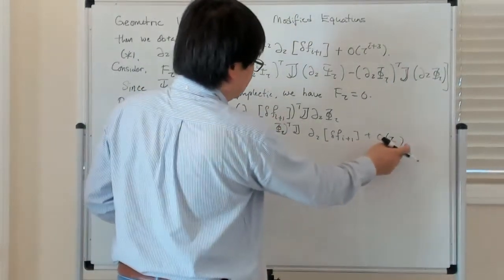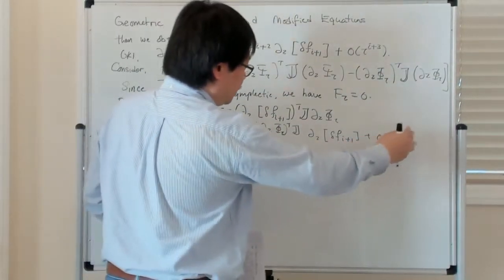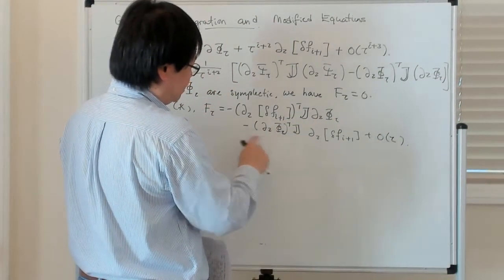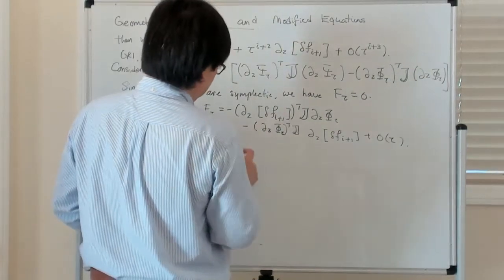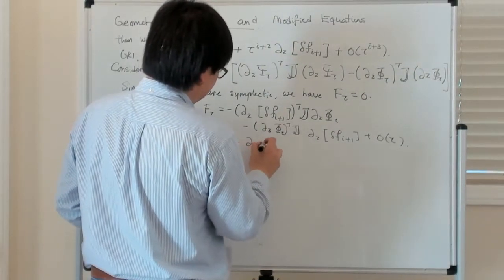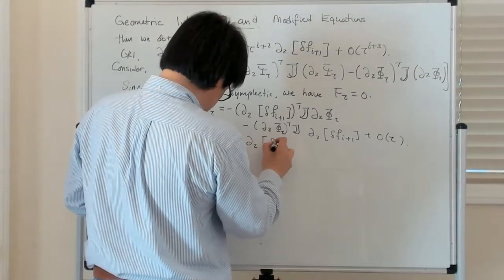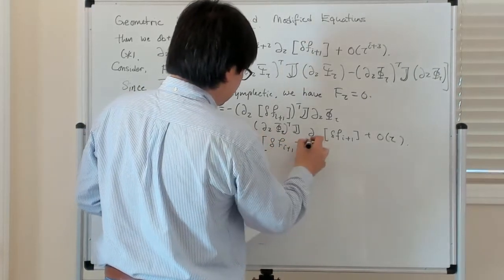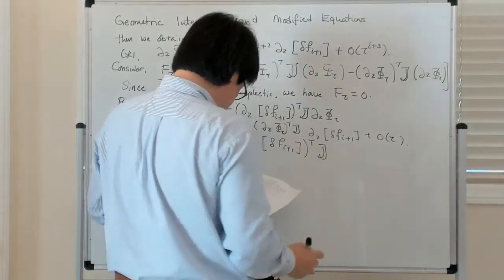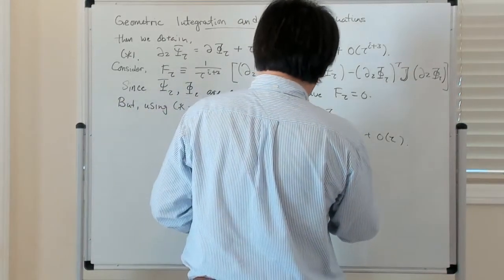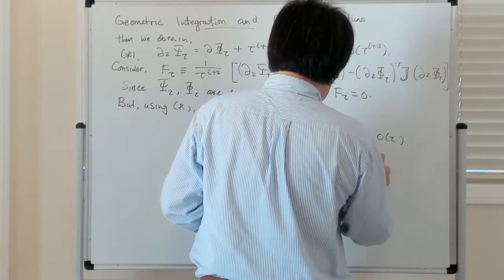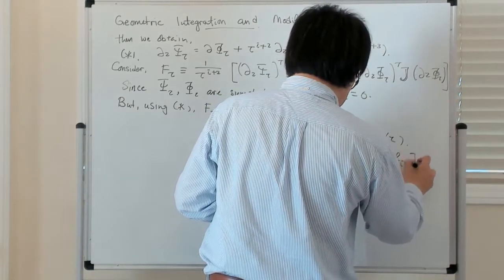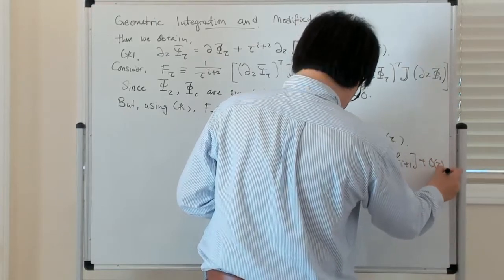So if you drop all terms which are linear and higher order in tau, then this is just the identity basically. So that simplifies. So this becomes minus d2 delta f_{i+1} transpose J, minus J d2 delta f_{i+1}, plus something which is big O of tau.